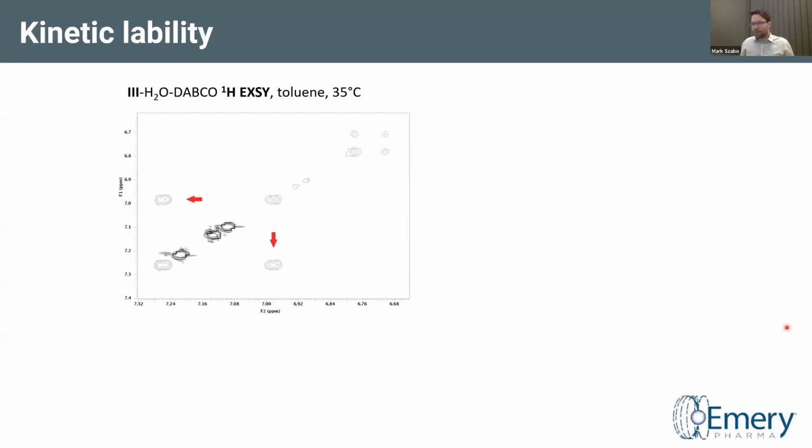So the next step was that I measured an EXSY spectrum, which is the abbreviation for exchange spectroscopy. You can see here two cross peaks in the spectrum, which means that the free form of the borane and the complex form of the borane are in exchange.